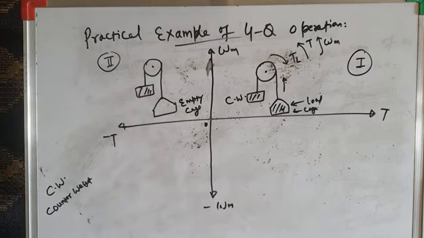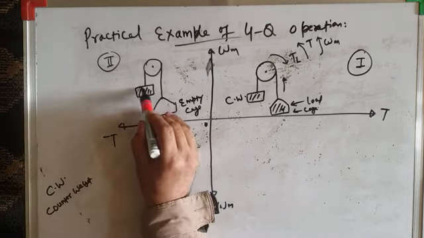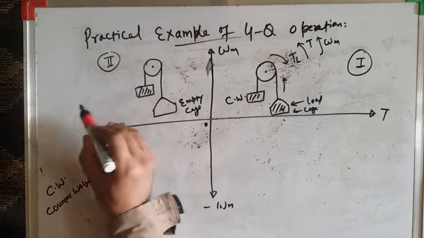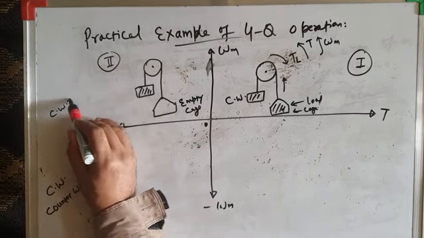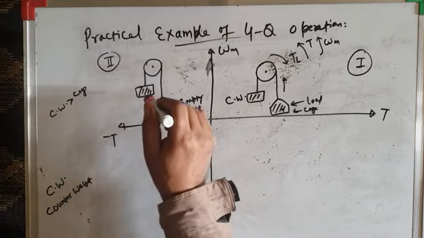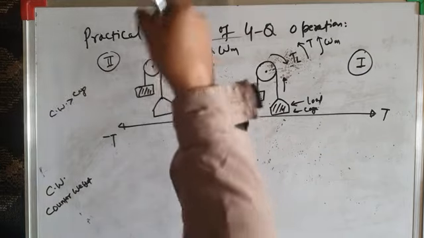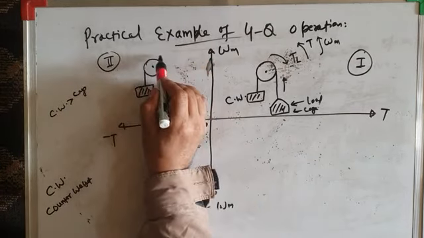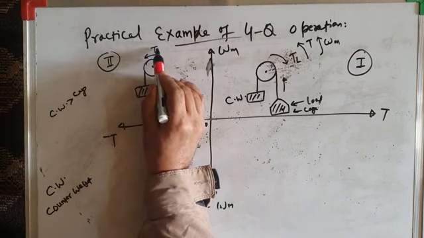Now since the cage is empty, the weight of the counterweight is more than the weight of the cage. So obviously this counterweight will pull it up, and it will start moving in this direction. So this is the direction of the load torque.